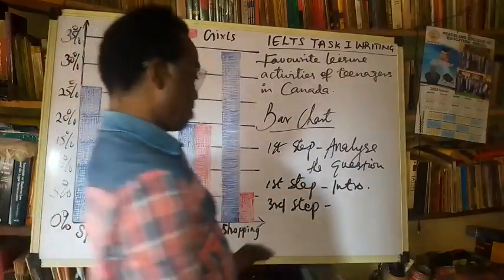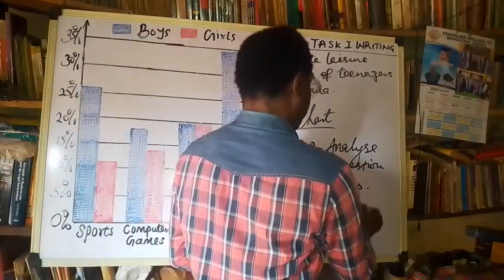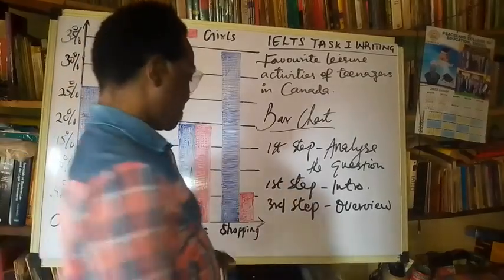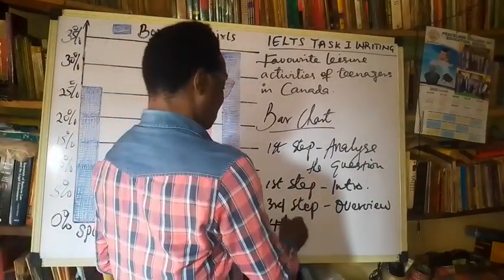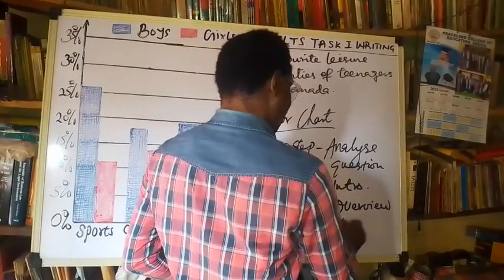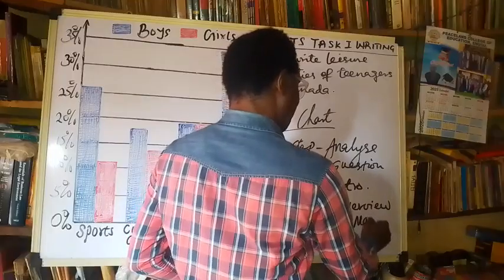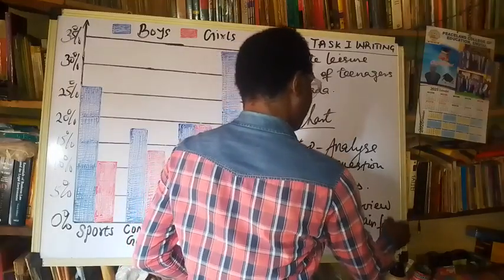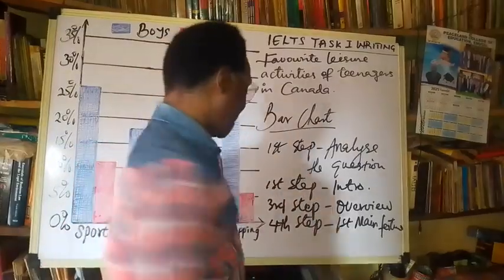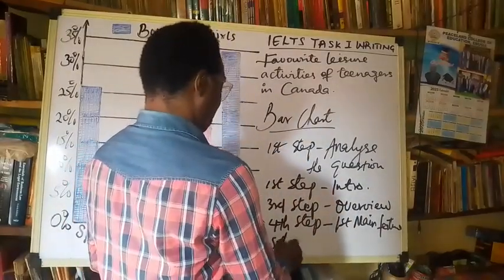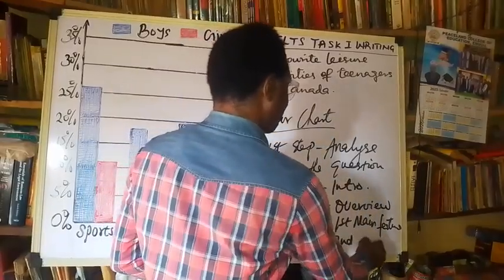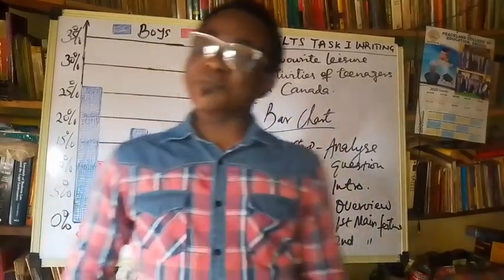Third step, overview. Write the overview. Fourth step, first main feature. You write the first main feature. Fifth step, second main feature, you write the second main feature.